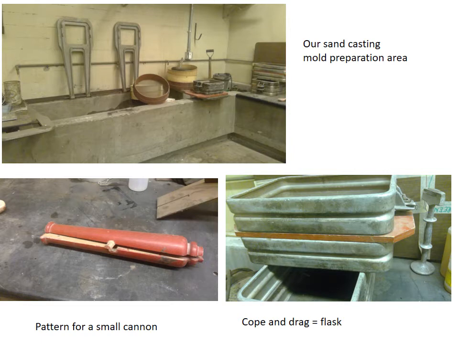You have a pattern down there, which was a cannon. You notice it's in two pieces. It'll make some sense when you see the video, and you can see our flask, cope and drag, with a board in between, which is part of the process that you'll see.